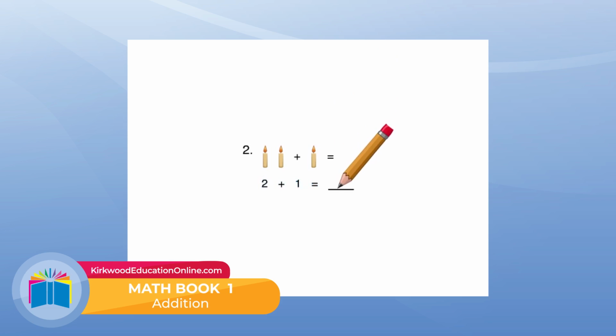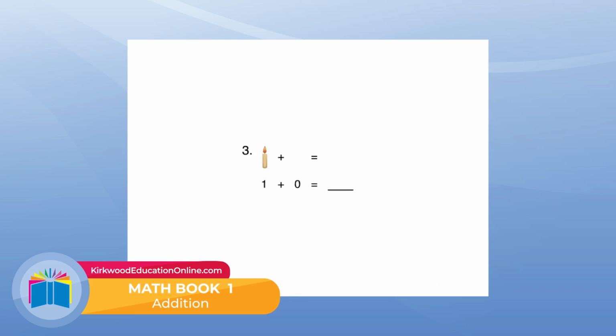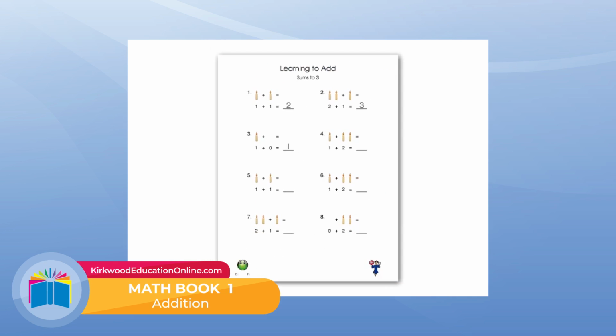So your job will be to write the 3 on the line and then type it on your computer. Look at problem 3. 1 candle plus no candles. 0 candles equals how many candles? 1. Write the total.